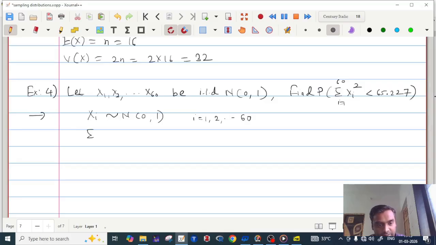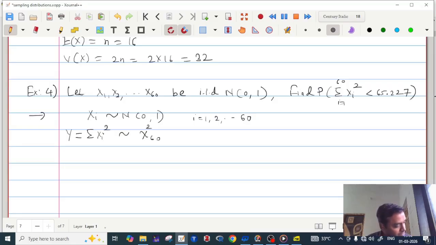Summation Xi square, let Y be equal to summation Xi square. This follows chi square with 60 degrees of freedom.